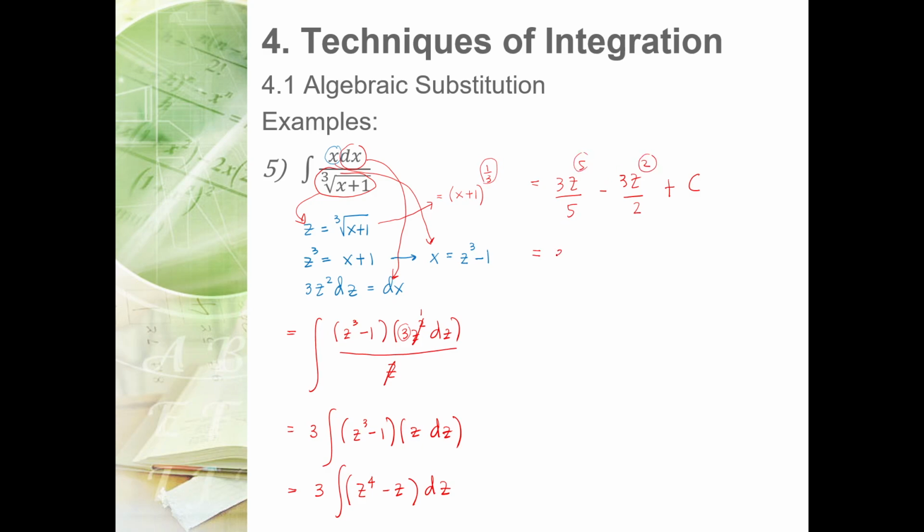So the final answer would be 3 times x plus 1 raised to 5/3 all over 5, then minus 3 times x plus 1 raised to 2/3 all over 2 plus c.